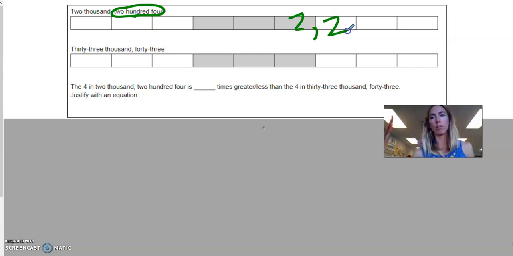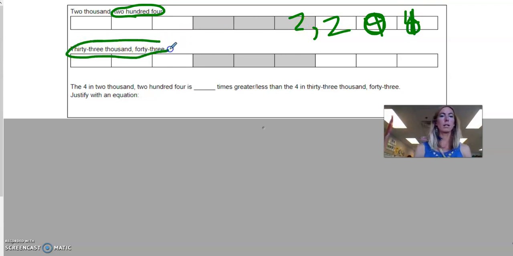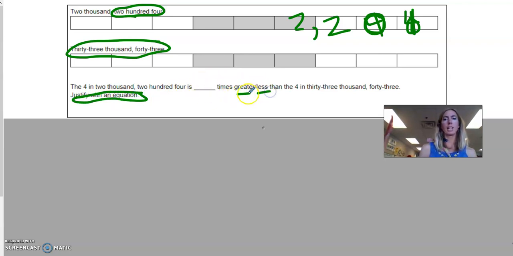So 204, that would be 204. So I would need to put a 0 here and the 4 here. Okay? And then I'm going to write my other number, and I'm going to battle it out and compare them. I'm going to write an equation to help myself figure it out and write how many times greater or less. You're going to have to circle one of those, right?